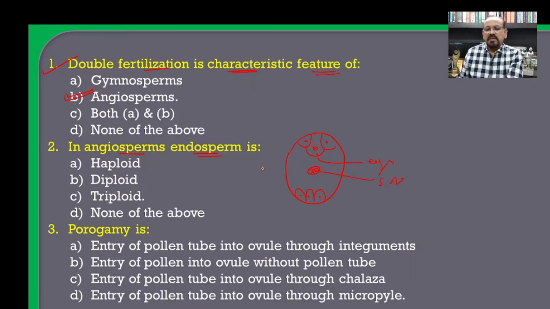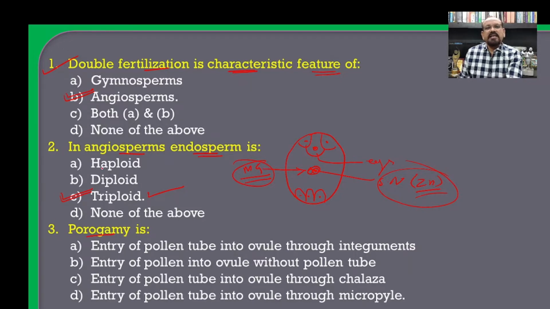With this secondary nucleus, one male gamete fuses, and this secondary nucleus is already diploid as it is developed from the fusion of the 2 polar nuclei. Hence after the fusion of one male gamete with the secondary nucleus, which is already diploid, a triploid condition is formed, which is the triploid primary endosperm nucleus, and hence the endosperm is triploid.